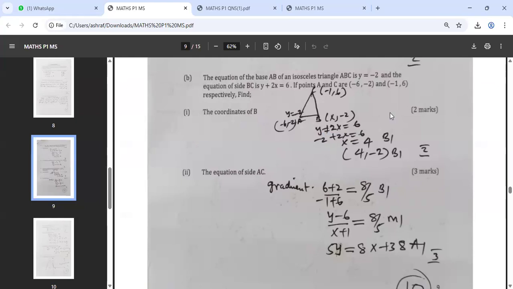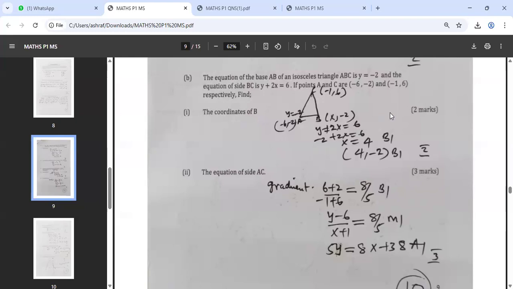Any question? Yes, Jose, unmute yourself. My question is, how do you know that B is the point of intersection while you are told that AB is the baseline? So if you draw the triangle, line BC and line AB, they are meeting at which point?